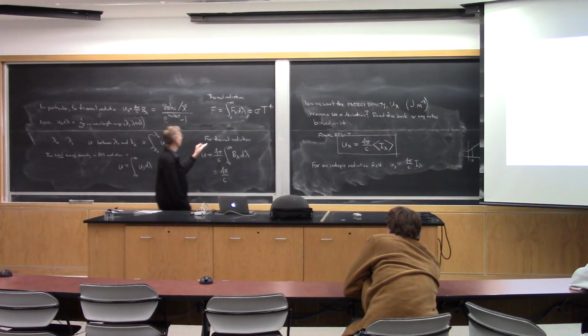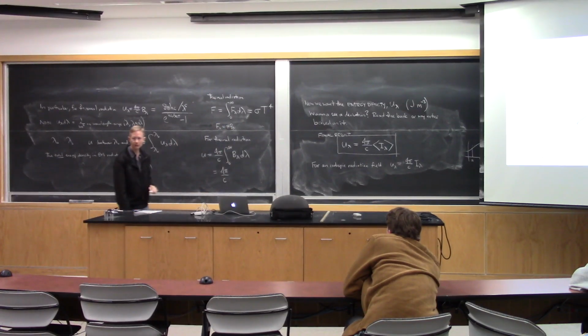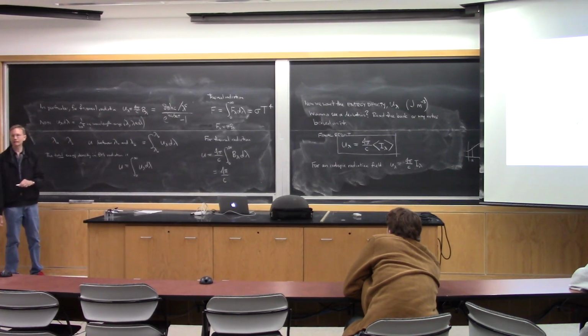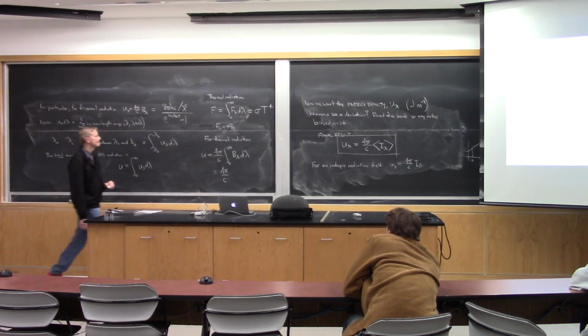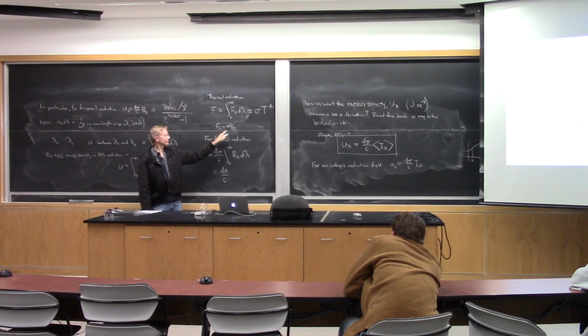We also know that F lambda is pi B lambda from before. That's also something we showed, that F lambda for thermal radiation is pi times B lambda. This is the watts per square meter version. This is the watts per square meter per steradian version.